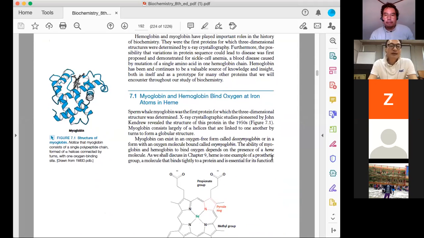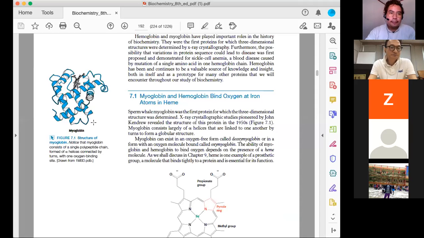If you look at the screen on the left side, this is figure 7.1, and this is the structure of myoglobin. You see this is a very similar structure to the beta chain of hemoglobin.